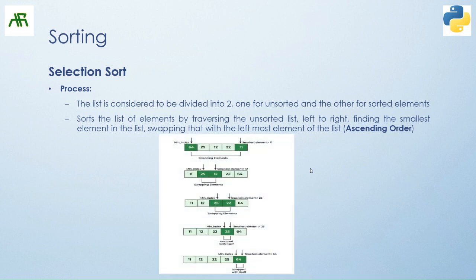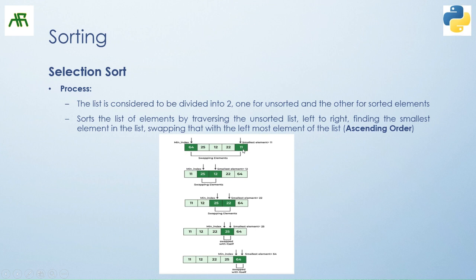So here is a sample. Here we have 5 elements: 64, 25, 12, 22, and 11. This is the index 0, 1, 2, 3, 4. Index value starts from 0 going up to n minus 1 in the element number. The smallest element between 64 and 11 is 11.